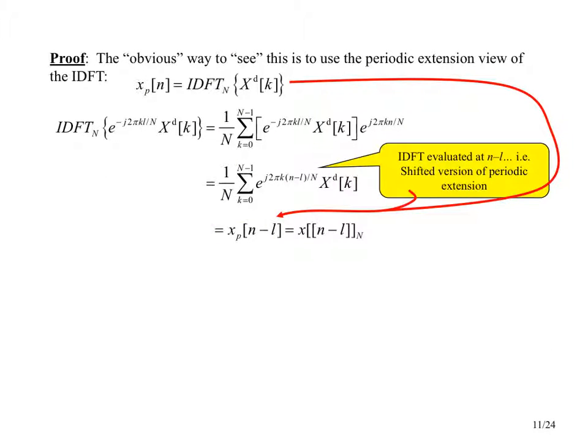Now to prove this, we'll prove it one way, which is kind of a more obvious way to prove it, and then we'll prove it a more step-by-step way. So we know that when we do the inverse DFT of something, we can think about the result as being a periodic extension, and this is just a mathematical characterization.